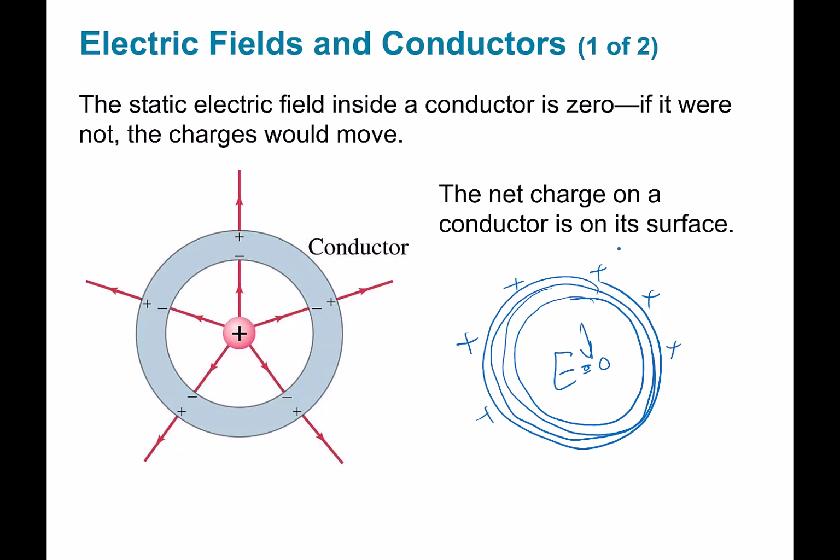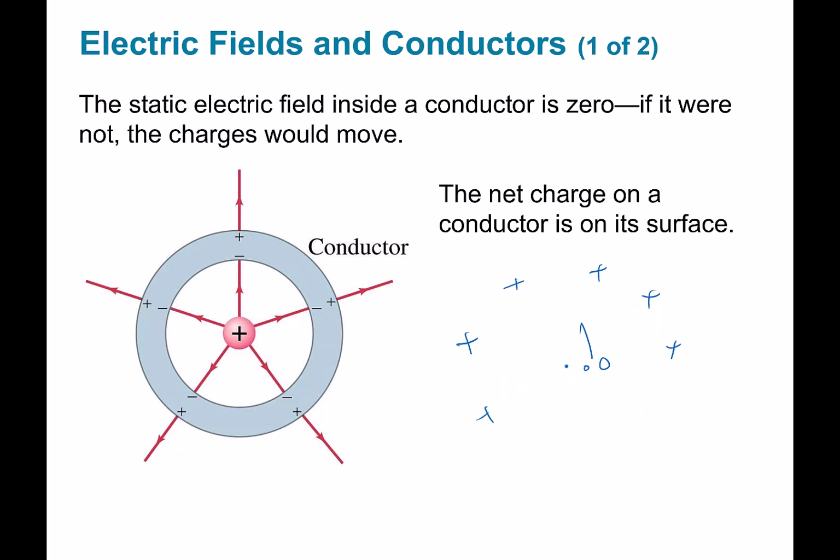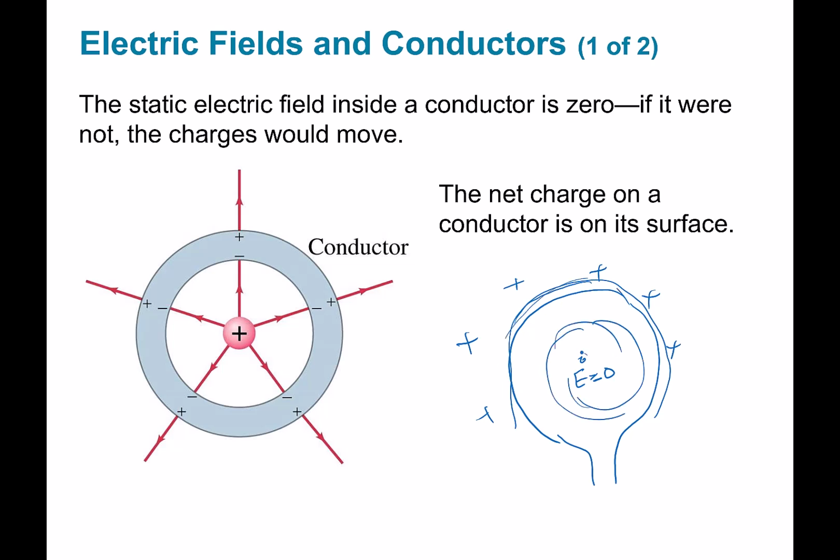Or if we have a sphere which is hollow inside, but it's a metallic sphere which was positively charged, then inside there we have electric field as zero, because the charges rest on the surface. There are no charges inside the cavity. And similarly, same for this conductor as well.